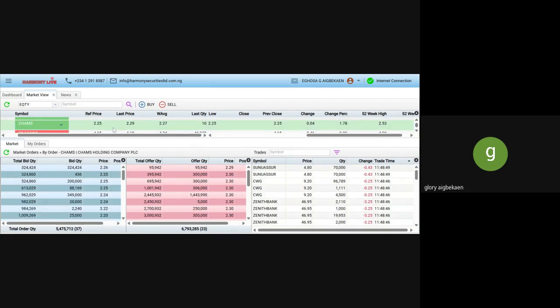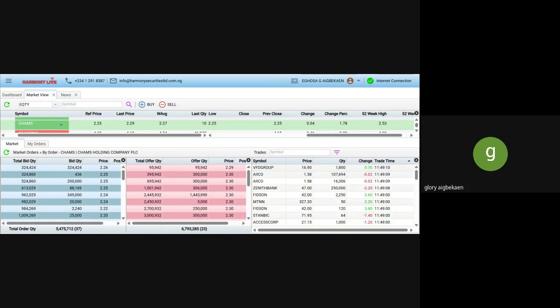This is one stock I also monitor. It used to hover between 2 naira and 2 naira 30 kobo.